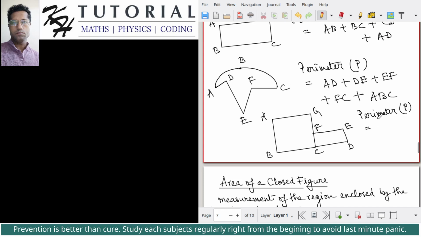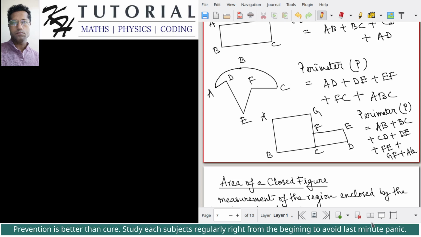Now by that I mean that for this figure, the perimeter P will be AB, that is the length of the line segment AB, plus BC plus CD plus DE plus FE plus GF plus AG. It will not include FC, because the part FC is inside the closed figure.